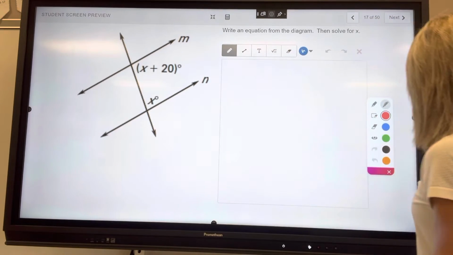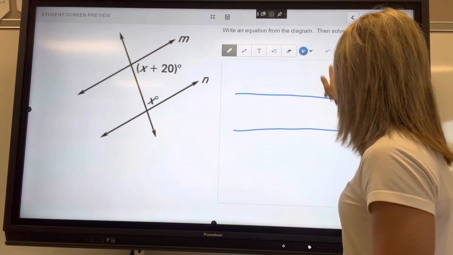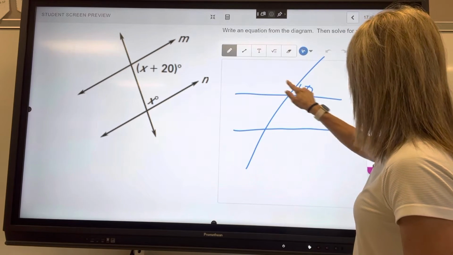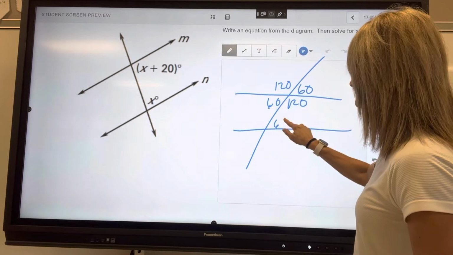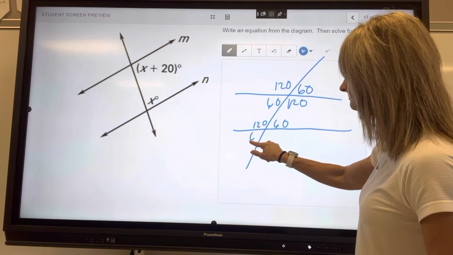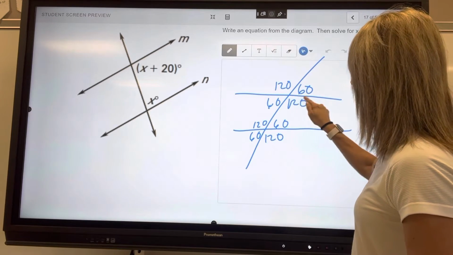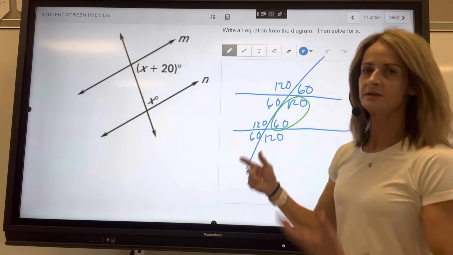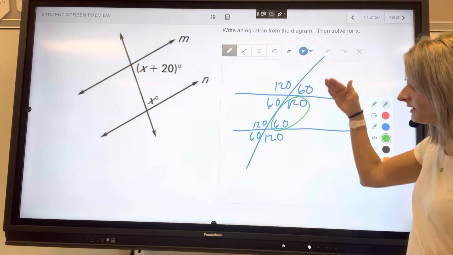All right. These are different because of the diagram I just drew in the last one, remember 60, 120, 60, 120. Notice these are on the same side of the transversal. They're called consecutive interior angles.